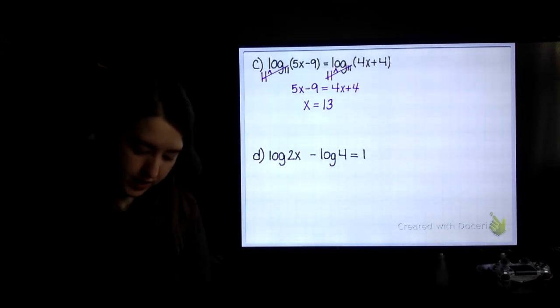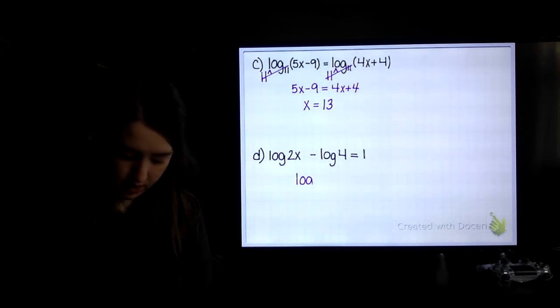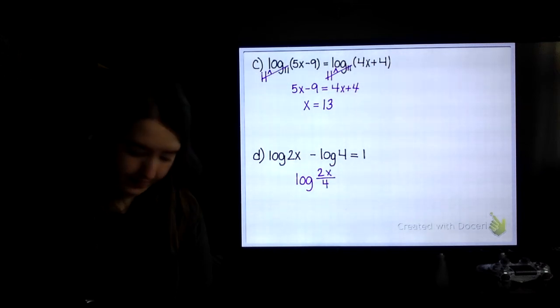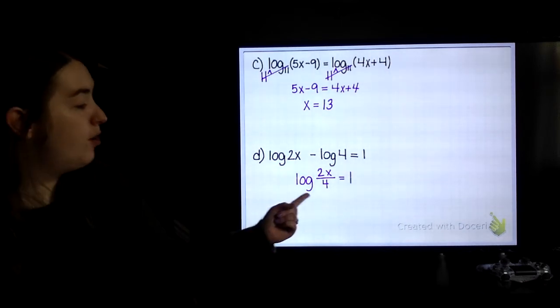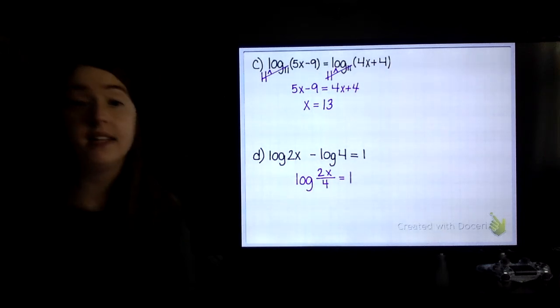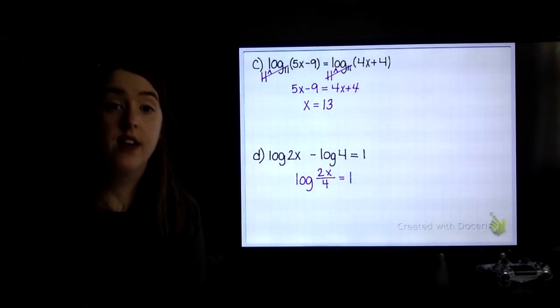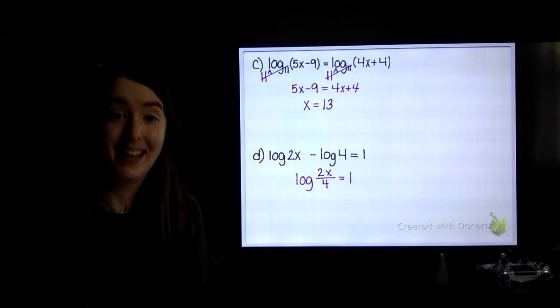So I'm going to write this as the log of 2x on top, 4 on the bottom, and that's equal to 1. So remember, when no base is written there, that means that it's the common log. The common log means that the base is 10.